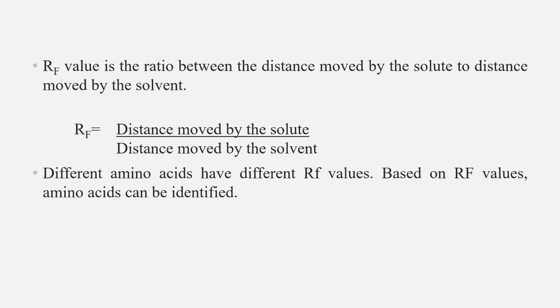So RF value is the distance moved by the solute divided by the distance moved by the solvent. Different amino acids have different RF values, so based on RF value, amino acids can be identified.